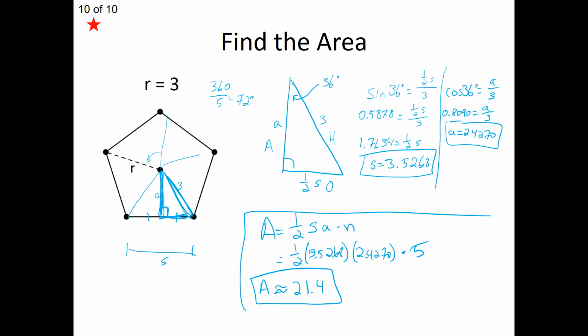Remember, you go one full rotation about the center, which is 360, divided by the number of sides, which gives you the measure of that central angle. But that angle gets cut in half by the apothem, and that's the acute angle measure that's going to go in that right triangle. We saw that in every one of these examples, and that's the process you're going to take going through each of the problems on your homework assignment.